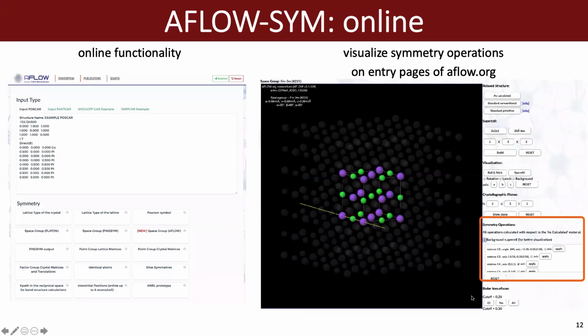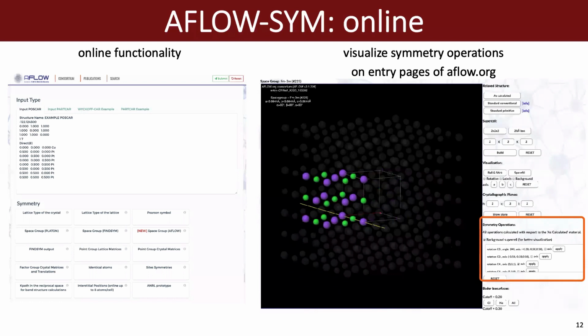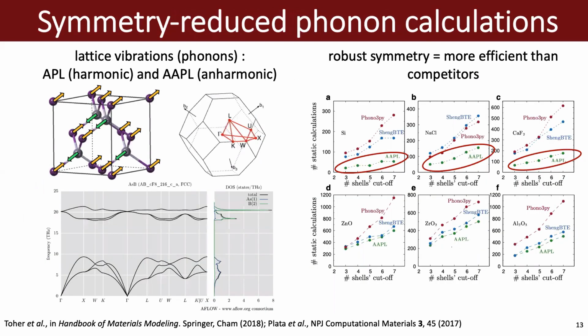I think I actually have a movie here that shows a 4-fold rotation. Okay, and last for the presentation portion, I want to highlight a particular use case of why symmetry is important. We've already seen a few cases, but here's an example where we use symmetry to reduce the expense of a phonon calculation.